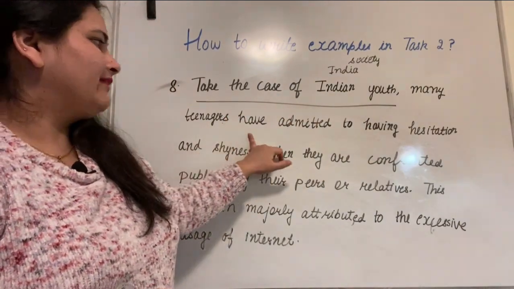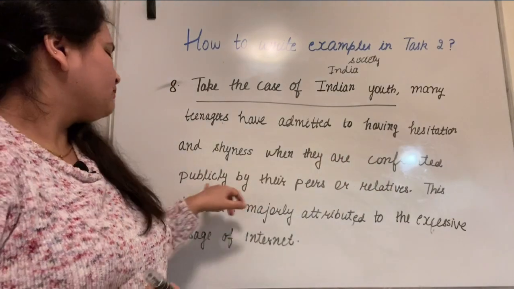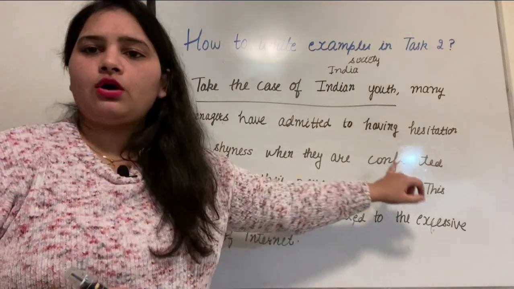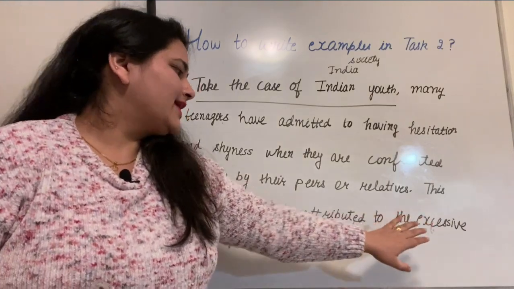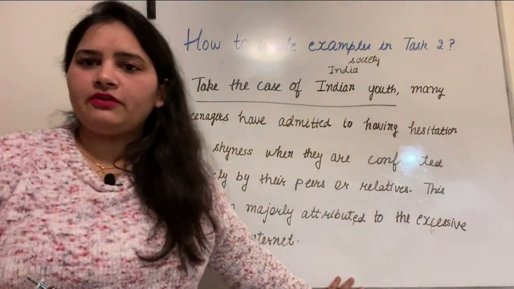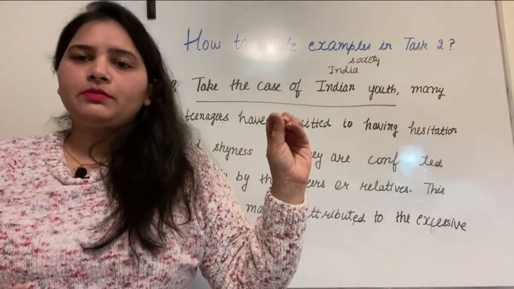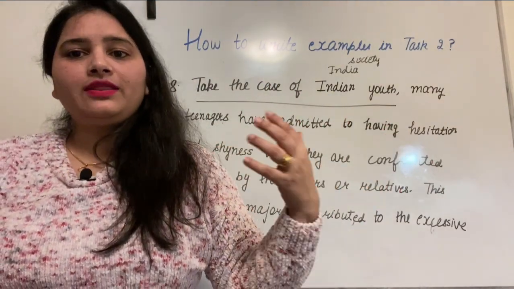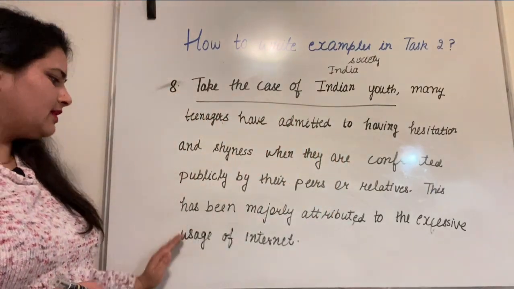Many teenagers have admitted to having hesitation and shyness when they are confronted publicly by their peers or relatives. This has been majorly attributed to the excessive usage of the internet. So this was about lack of confidence, that some people face lack of confidence when they have to talk to people. So you can write the example like this.